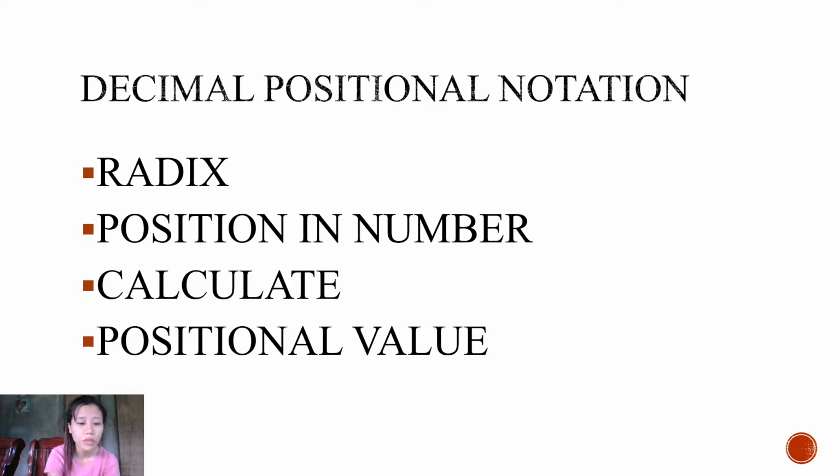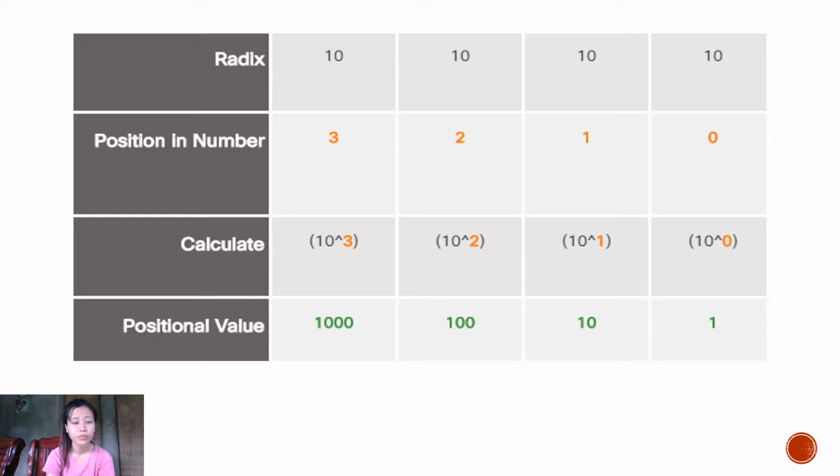So for the position in number, you can see in this, the second row considers the position of the decimal number, starting from right to left.